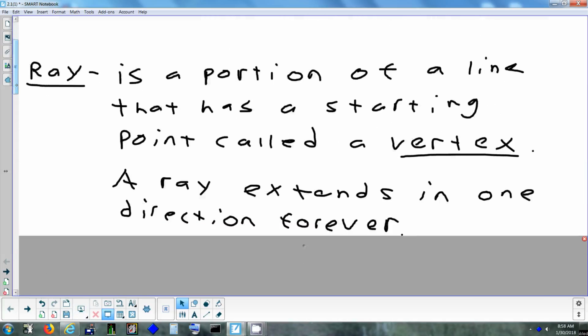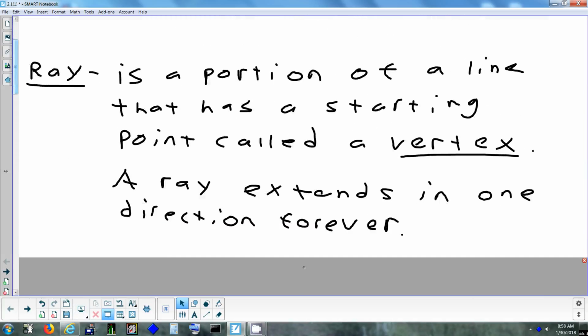Okay, and when we think of drawing an angle, it's really made up of two rays. So if we just had a single ray, it would look like that. Okay.